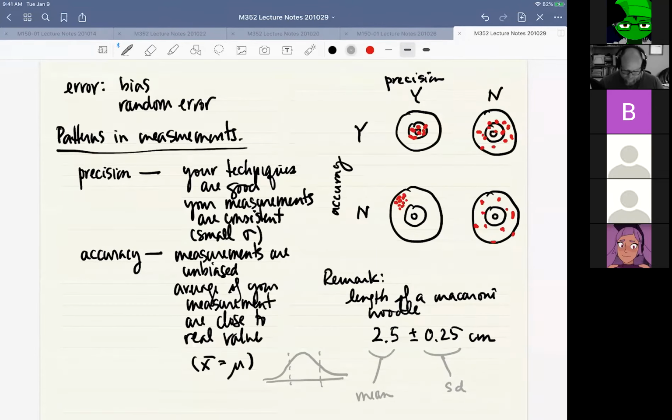If you'll remember, we did an example where we looked at how much of a population was within 1 standard deviation of the mean, and that was about 68%. So for what it's worth, about 68% of the data will fall in that range between 2.25 and 2.75. So this is a legit way to write it down.